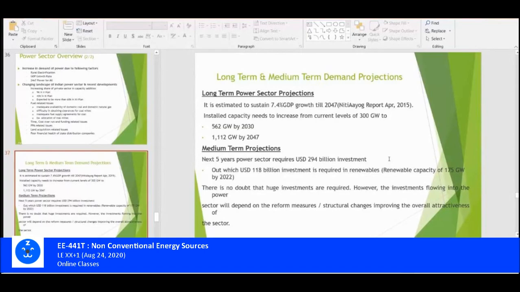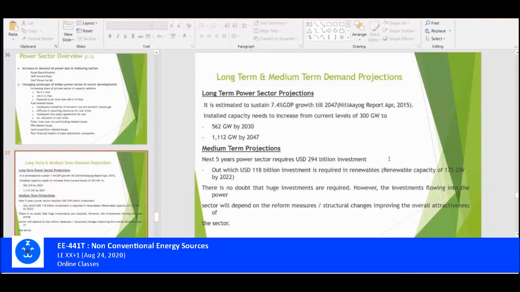It is estimated to sustain 7.4% growth till 2047 as per the reports of Niti Aayog. Installed capacity needs to increase from current level of 300 gigawatt to 562 gigawatt by 2030.